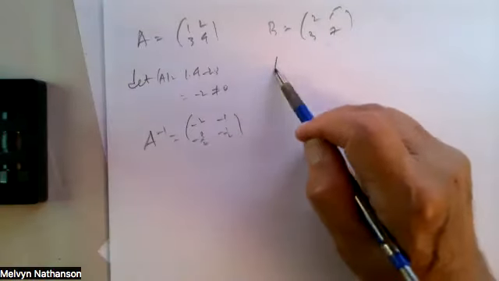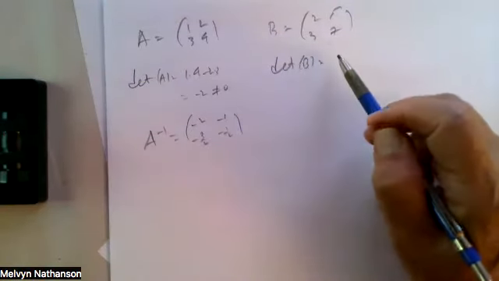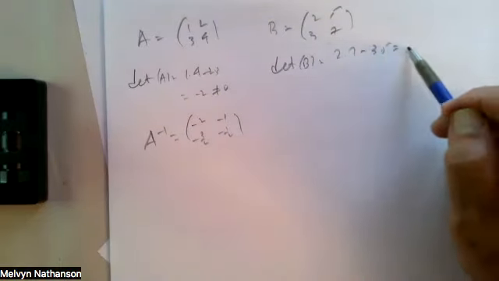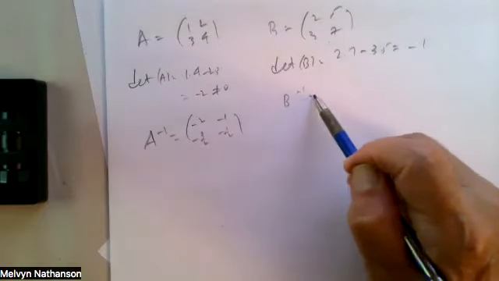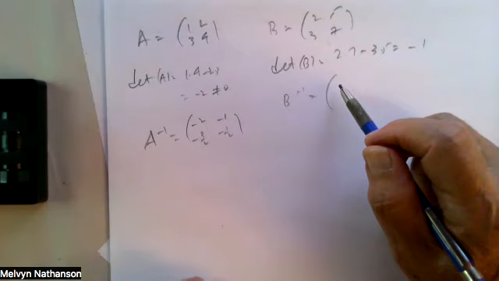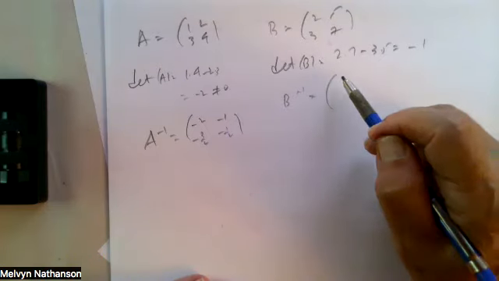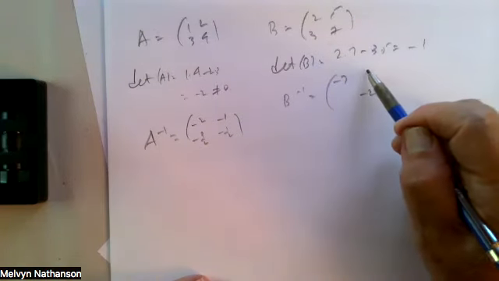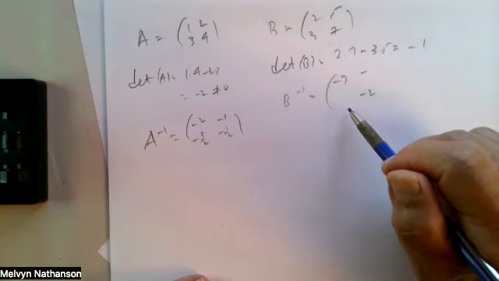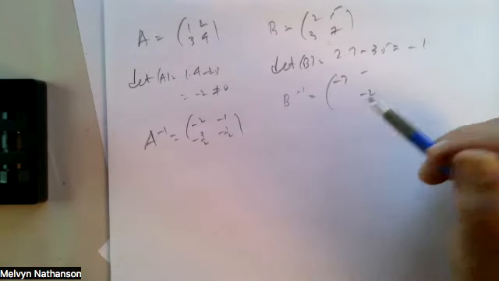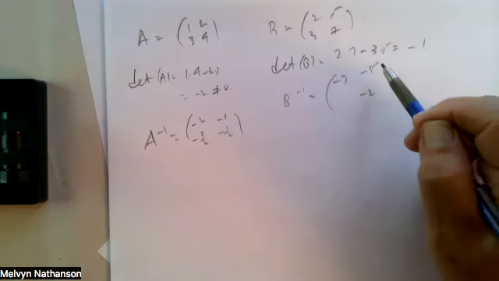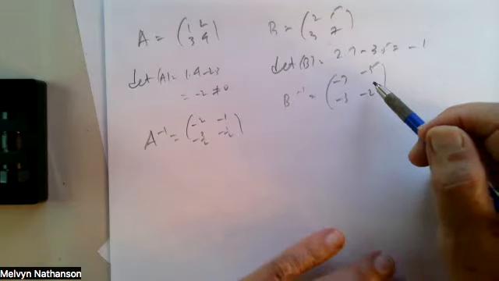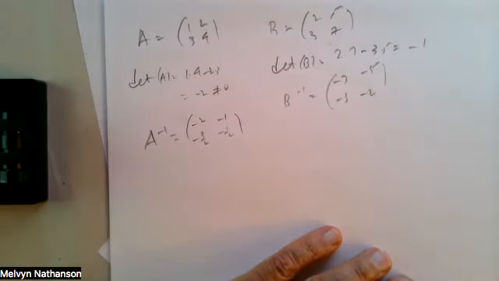And for B, the determinant of B is 2 times 7 minus 3 times 5, 14 minus 15, that's minus 1. And B inverse is going to be minus 7, minus 2... Oops, sorry, that's not right.